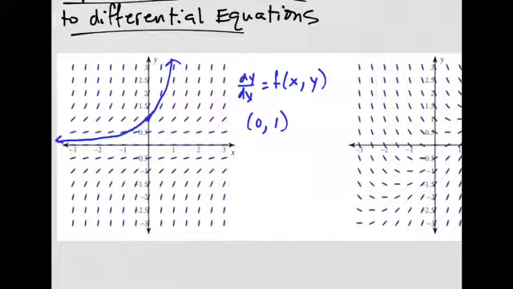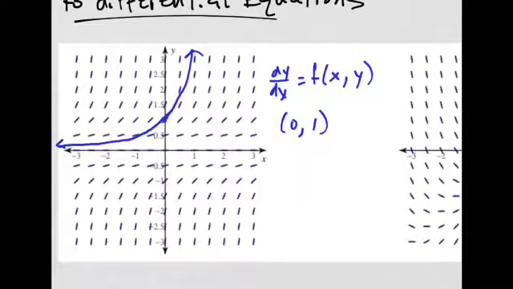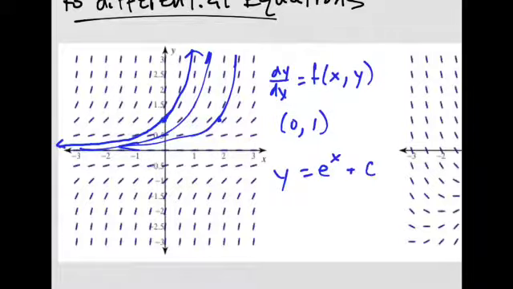Well, that would involve me thinking of all of these possible curves, so we would get something like y equals e to the x plus c, or something along those lines, where there's some kind of constant that we don't know about.